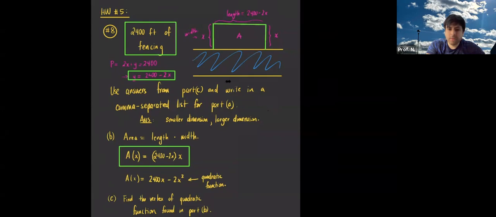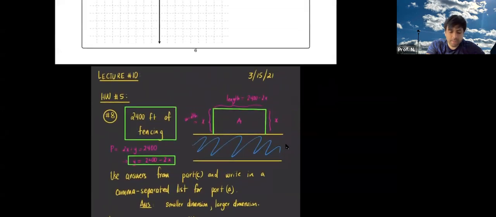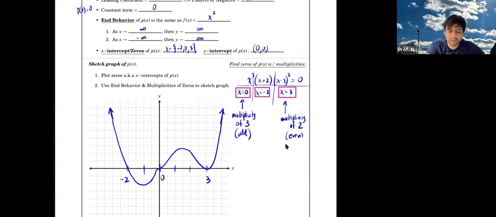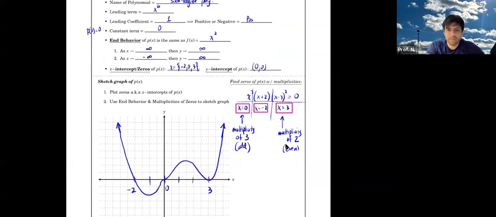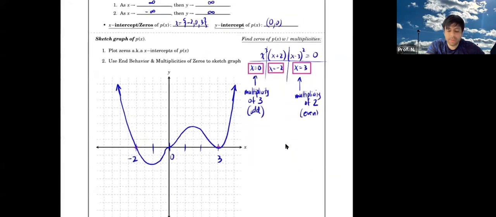Okay. So let's continue now. We've done polynomials last time, right? We talked about graphing them. We talked about how we name them, the degree, all these different terminologies that come with polynomials: the leading term, the leading coefficient, the end behavior, the y-intercept, the x-intercept. And we talked about multiplicities last time.